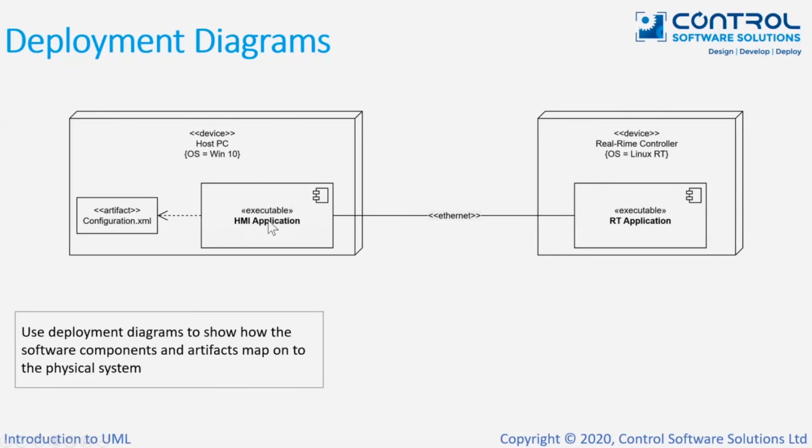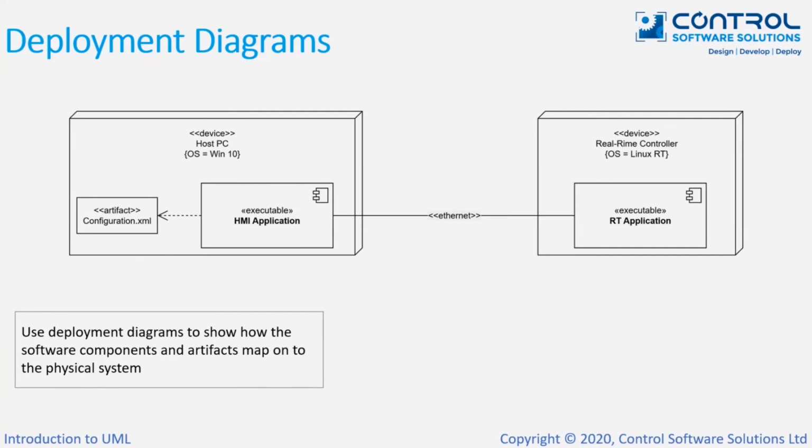So an executable application is going to sit on a Windows 10 PC, and it's dependent on an artifact, a file called configuration. Then there's an association between the two, between an RT application, which is just sat on a Linux real-time controller. You can build these up to be quite complex if you need, or they can be quite simple, but it gives someone a visual map of where the software elements are going to be. That lets you then break up your development, and it's something that you can picture very, very upfront.